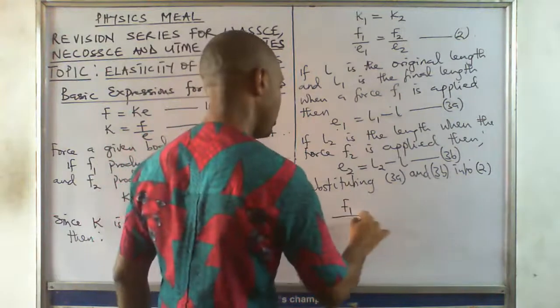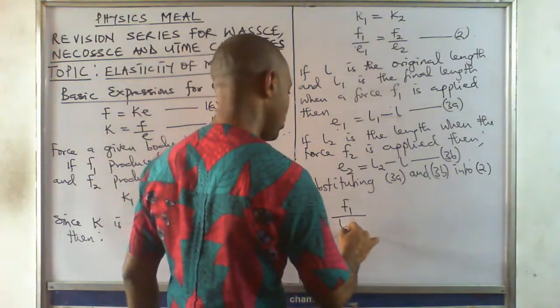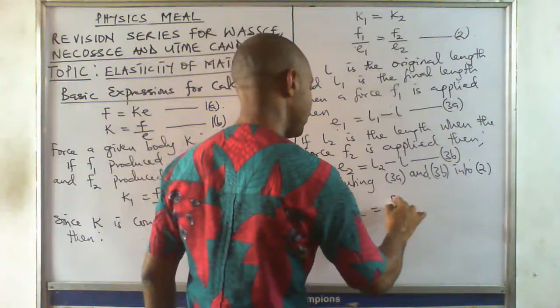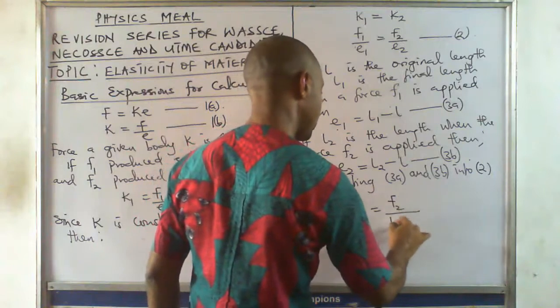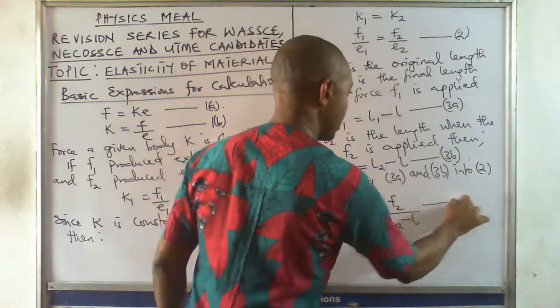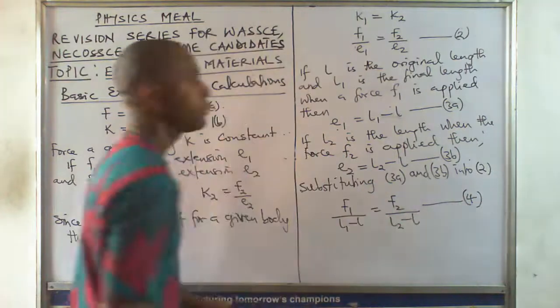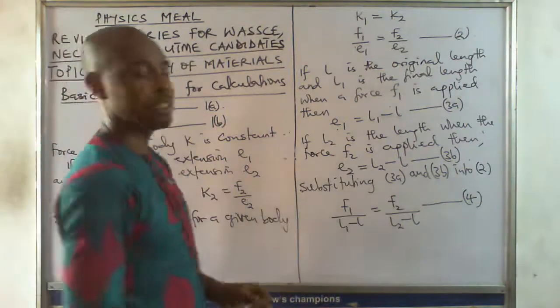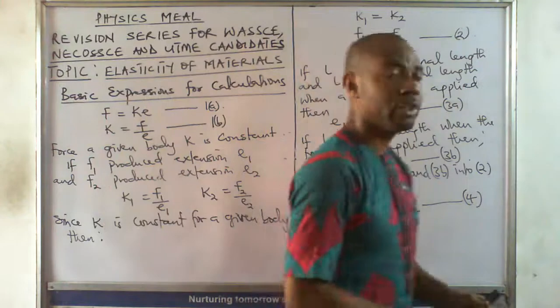F1 over L1 minus L equals F2 all upon L2 minus L. Let me call this equation 4. Another beautiful equation. So take note of all these expressions because they are necessary.